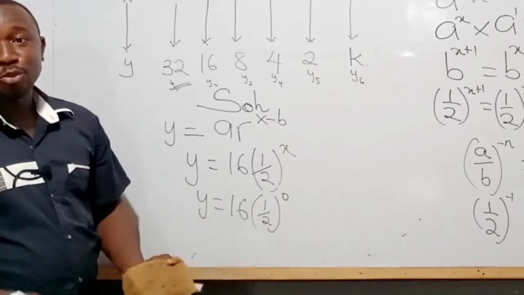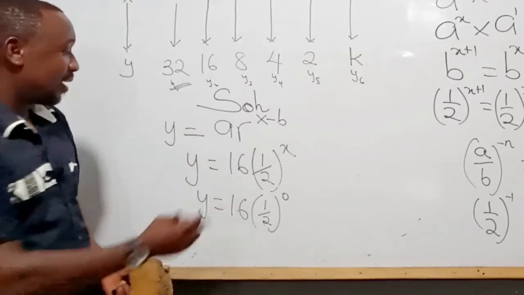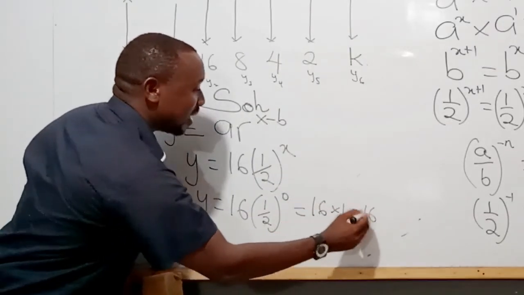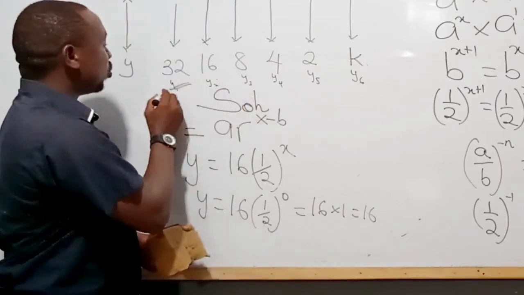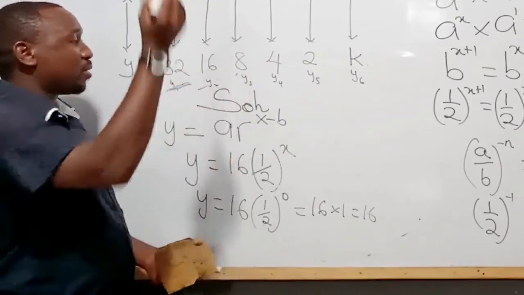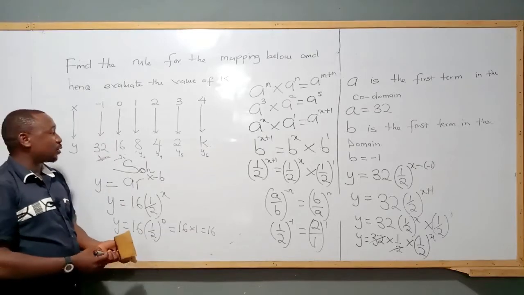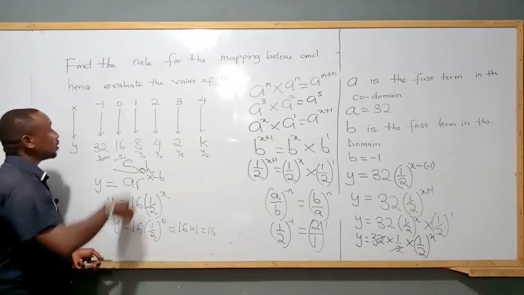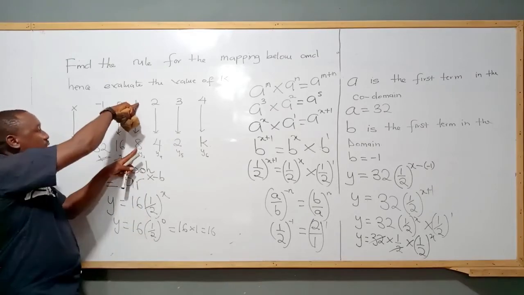So half to the power 0 is 1, and that will give us 16 times 1, which is this particular 16 here. So this has been verified. Let's try whether we can verify that of 8. If you are verifying 8, you substitute the x value.